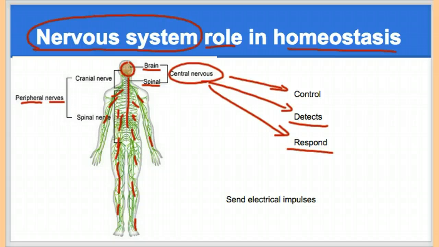All right? So the nervous system detects and responds. How does the nervous system do this? By sending electrical impulses or electrical messages. In the next slide, we're going to look at exactly how an electrical message is transmitted throughout our body.